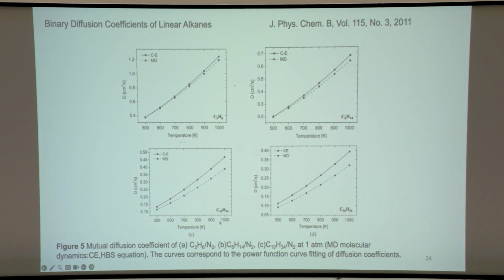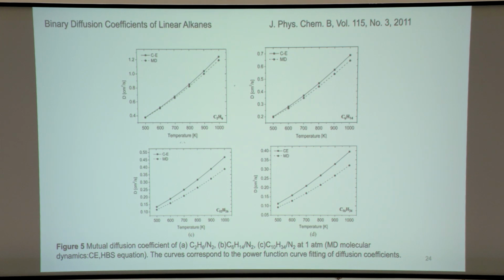Then you see here C12H26. So this is dodecane. This is hexadecane. Dodecane, a very common molecule for kerosene or jet fuel. Hexadecane for diesel fuel. You start to see the deviations become quite large. So here at 900, 1000 Kelvin, the diffusion coefficients might be off by about 10 to 15%.